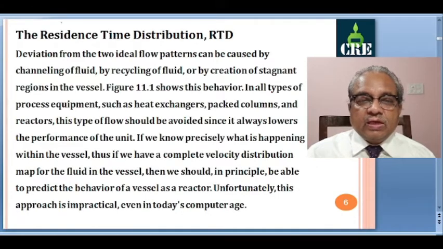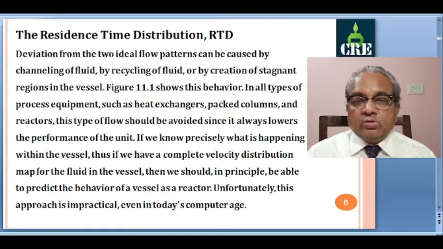Residence time distribution deviation from the two ideal flow patterns, that is mixed flow and plug flow, can be caused by channeling of fluid, recycling of fluid, or creation of stagnant regions that we have seen. In all types of process equipment such as heat exchangers, packed columns, reactors, this type of flow should be avoided since it always lowers the performance of the unit.